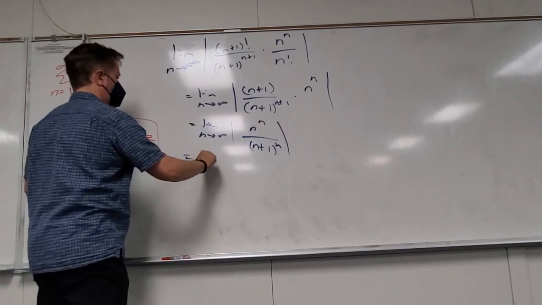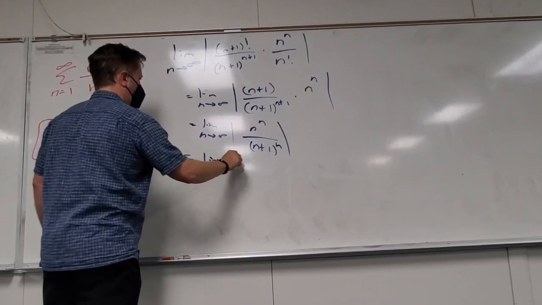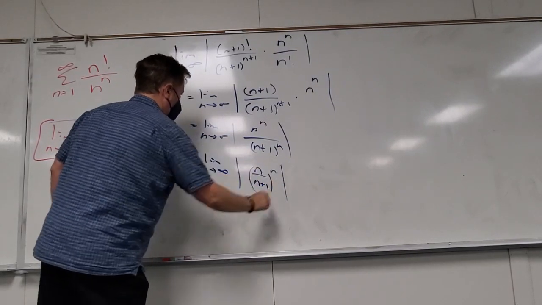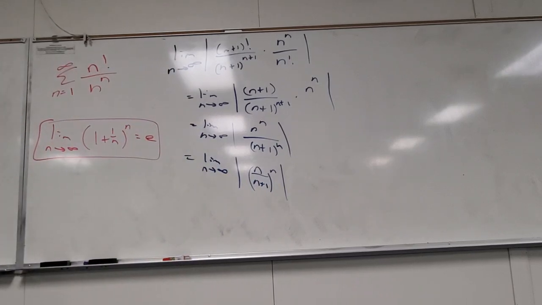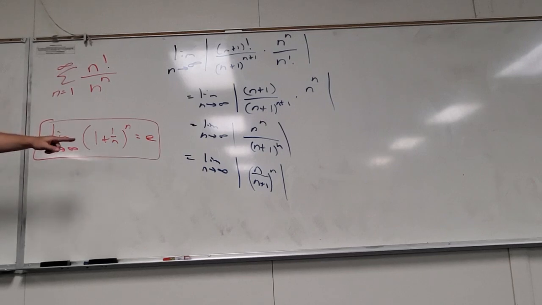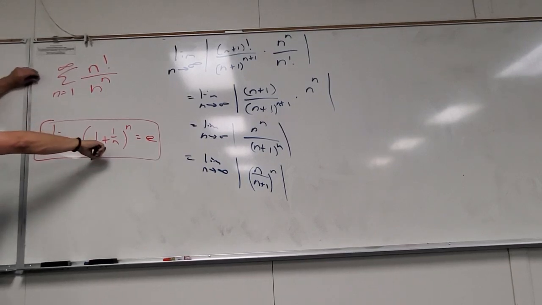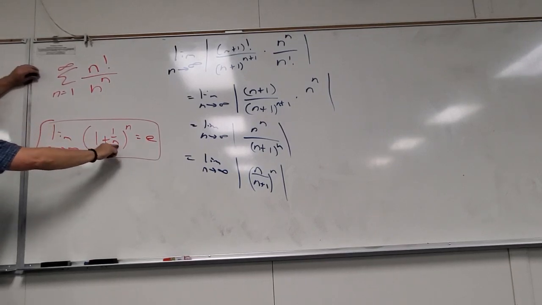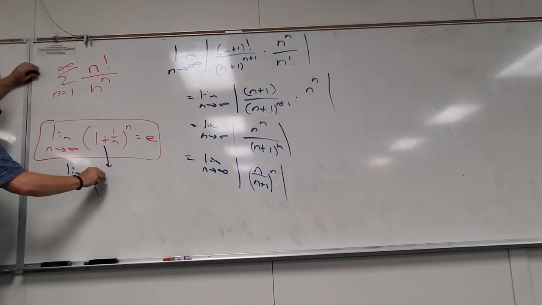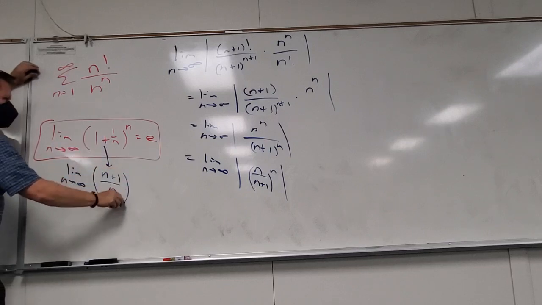So this is the limit as n goes to infinity of (n over n plus 1) to the n. Now I know last time we talked specifically about something like this. Can somebody please combine these for me? What would that be? (n plus 1) over n, right?